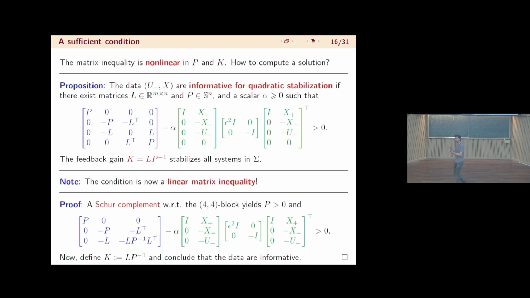So independent of the time horizon of the experiment, so independent of T. And the reason is that, of course, this matrix X plus has a number of columns T, which of course does depend on the time horizon. But that dimension T is collapsed in this product over here. So that's basically the idea. So this inequality, in principle, has a size independent of T.